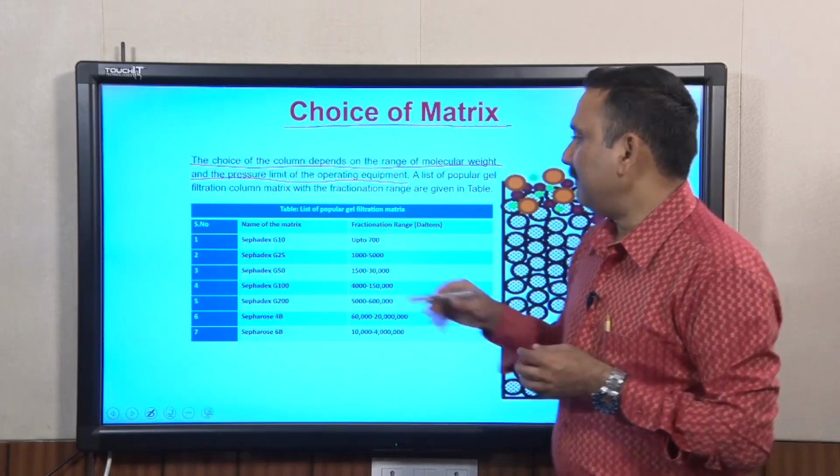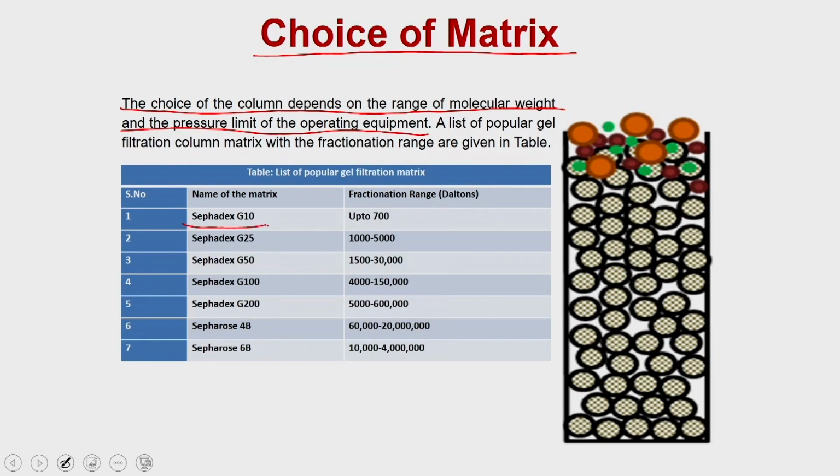For example, Sephadex G10 is a matrix which can fractionate from small molecules up to 700 Dalton, whereas Sephadex G100 can resolve from 4 kDa to 150 kDa. So what is meant by the fractionation range?